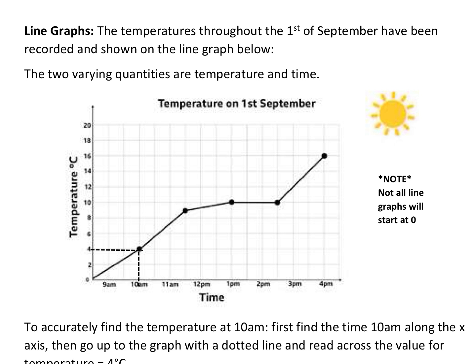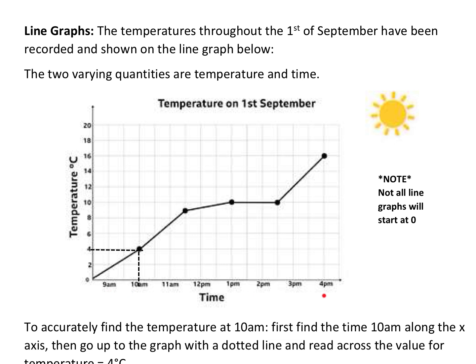Line graphs. The temperatures throughout the 1st of September have been recorded and shown on the line graph below. The two varying quantities are temperature and time. So we've got the temperature at different times of the day, just before 9 o'clock up until 4 p.m. So along what you would normally call the x-axis is now the time axis.